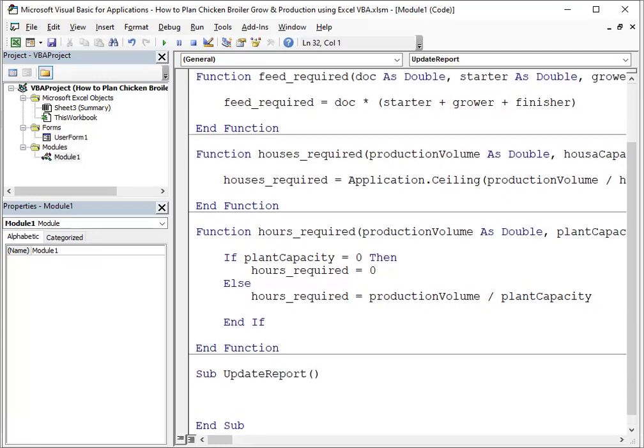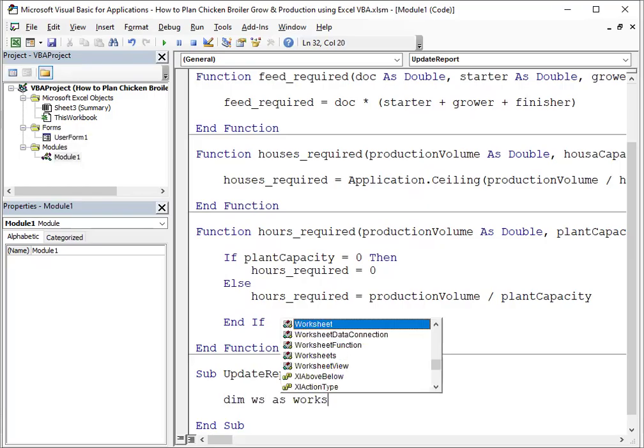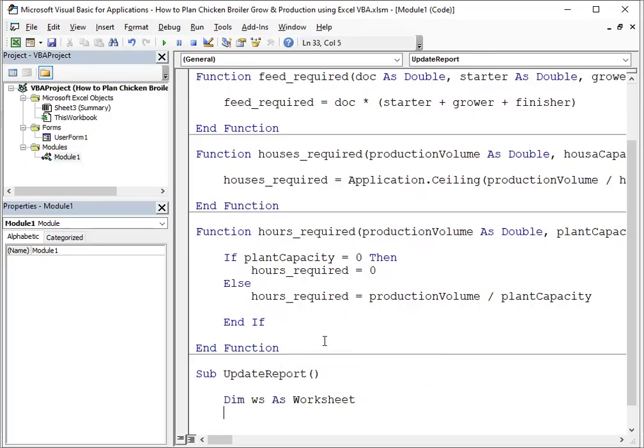Now, what I'm going to do is declare all the variables. So I'm going to say dim ws as worksheet. Then right away I'm going to set ws equals ThisWorkbook.Sheets.